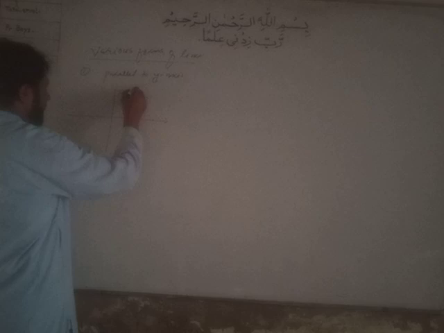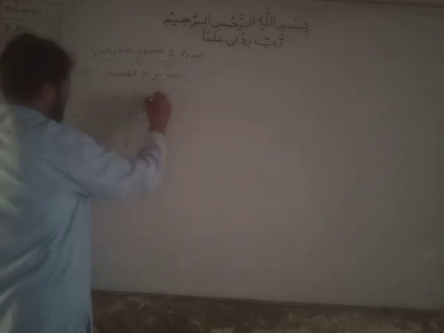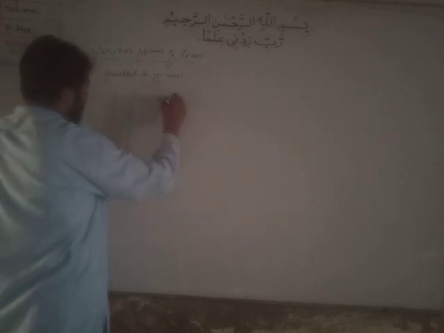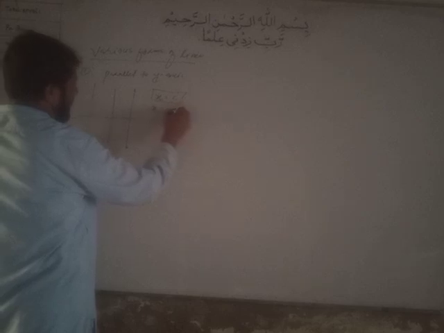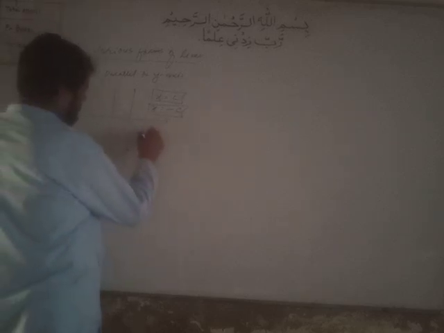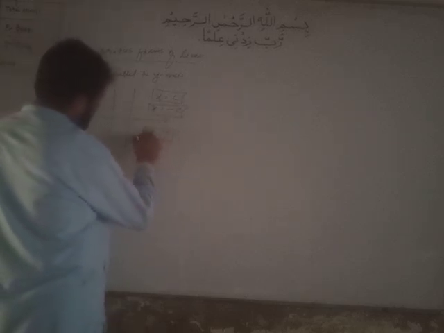When parallel to the y-axis, here is the y-axis and here is the line. On the right side, we can say this will be x is equal to c, or on this side, x is equal to minus c. But when it is on the y-axis, this will be x is equal to 0.